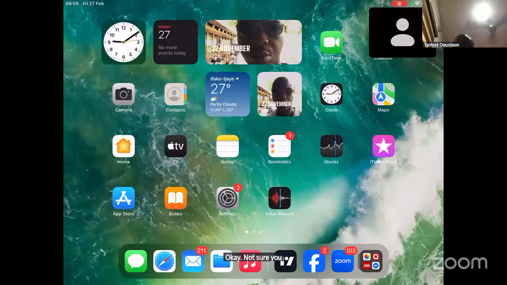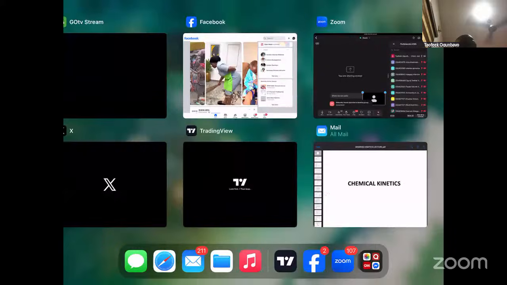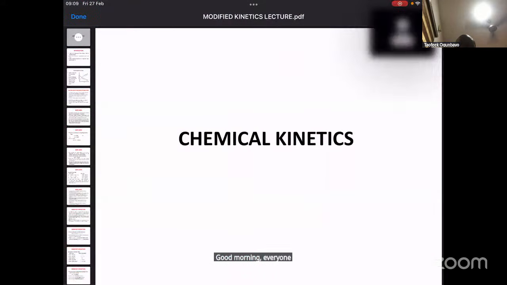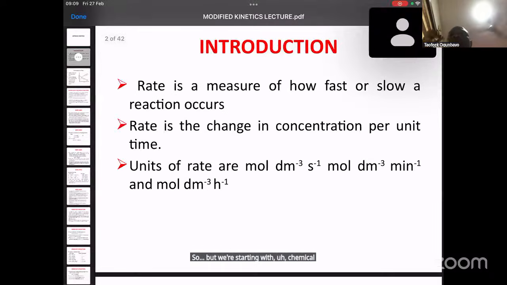Now, our first topic, because I'm going to be taking you through two topics in CHM 101. The first one is chemical kinetics, and the second one is going to be chemical equilibrium. But we're starting with chemical kinetics.